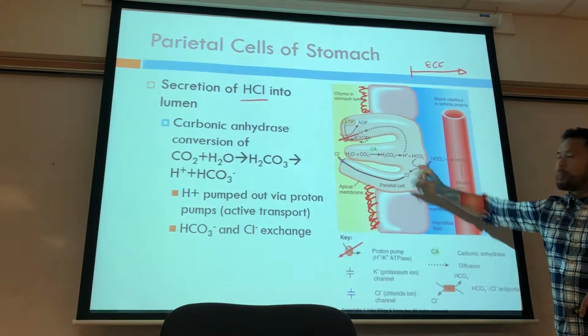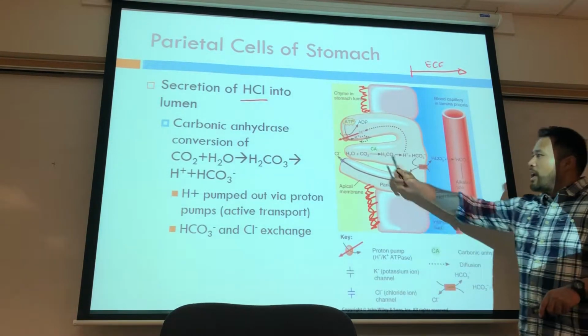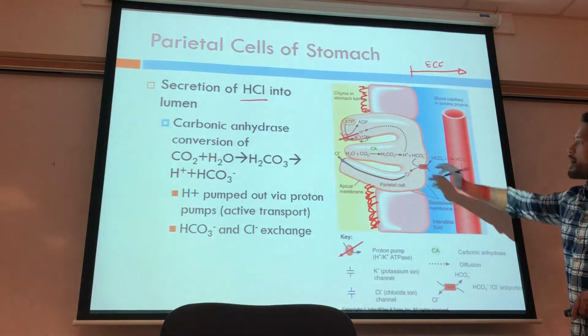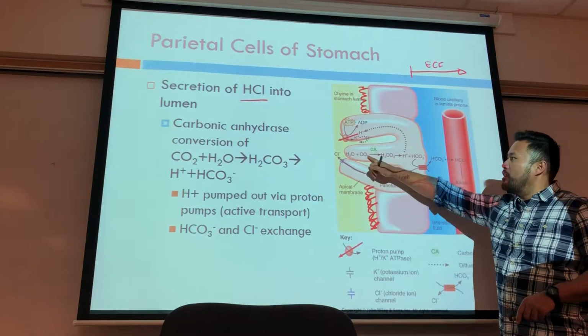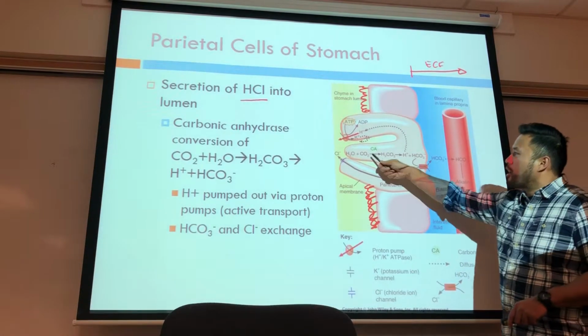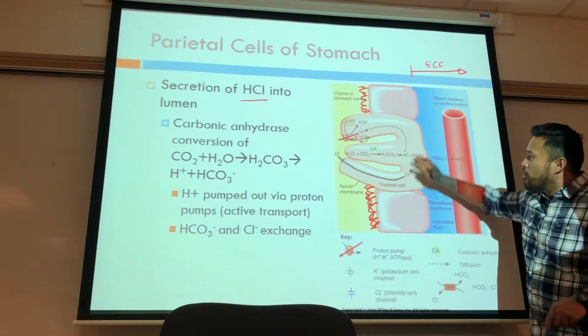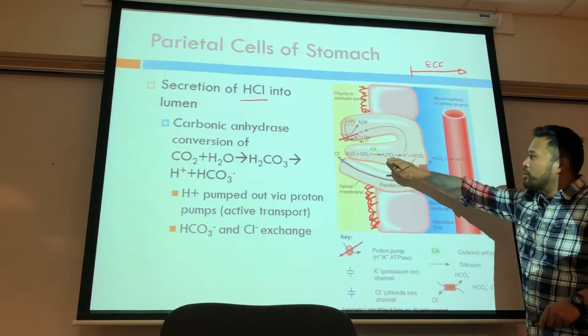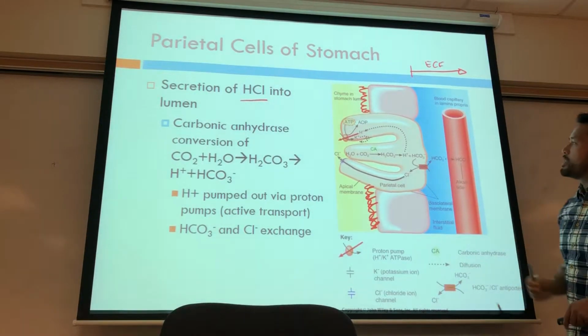Parietal cell is metabolically active, and I'll show you where that step is taking place. And through that metabolically active parietal cell, we're producing carbon dioxide. We use ATP in order to produce carbon dioxide. Carbon dioxide mixes with water through carbonic anhydrase within our parietal cell, and will then produce carbonic acid. That carbonic acid will dissociate.